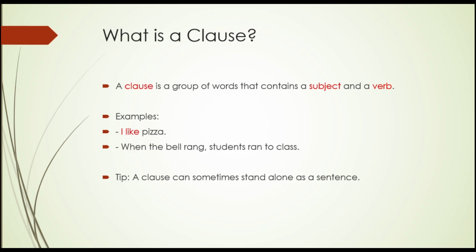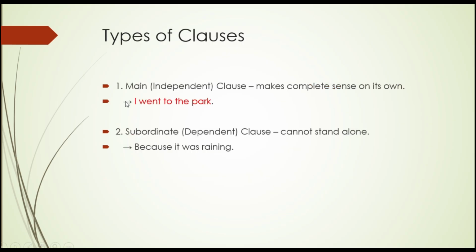In the first example, I like: that's the subject and the verb. In the second example, when the bell rang, that's the subject and the verb. Students ran, that's the subject and the verb. So we can see that the main condition for the clause, the subject and the verb, takes place in the examples.